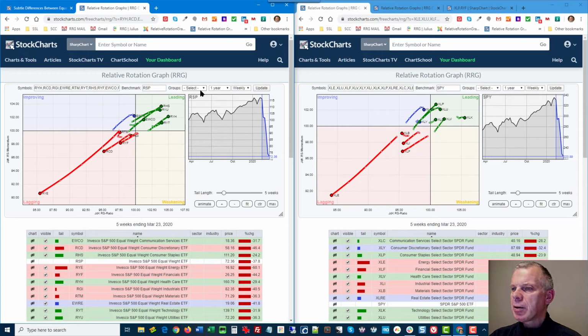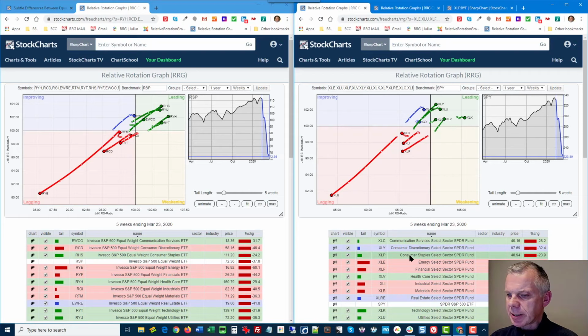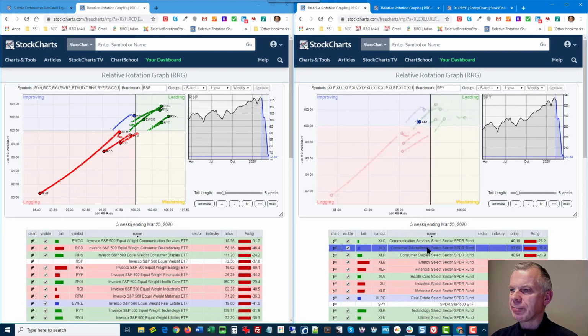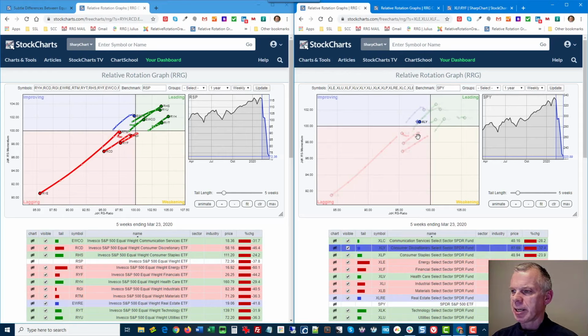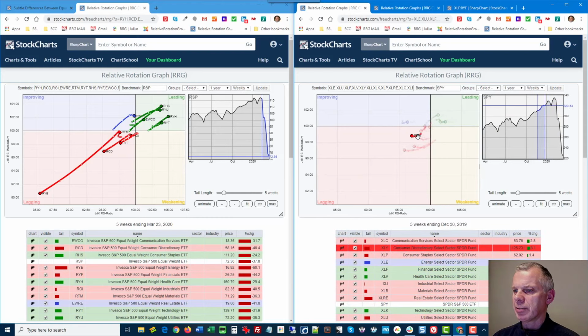And the relationship on the regular RRG between staples and discretionary, where is discretionary? Here, is not very pronounced at the moment. Staples is very pronounced, that is a very clear tail, but the discretionary sector is just hovering there, just sitting there and not doing a lot.